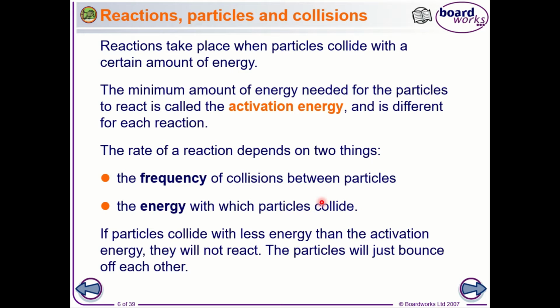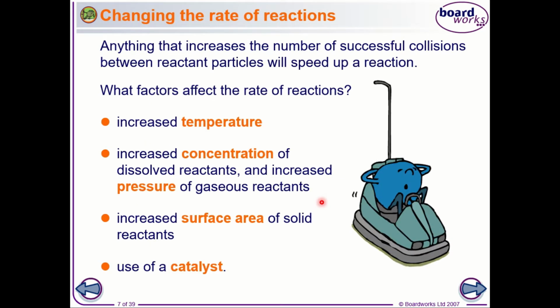Chemical reaction at kung gaano siya kabilis or kabagal ay nakadepende sa dalawa. Number 1, nakadepende siya sa frequency ng collision between the two particles. Pangalawa, nakadepende siya sa amount of energy na kung saan nagko-collide yung mga particles. Under the frequency, we have the following: temperature, concentration, pressure, surface area.